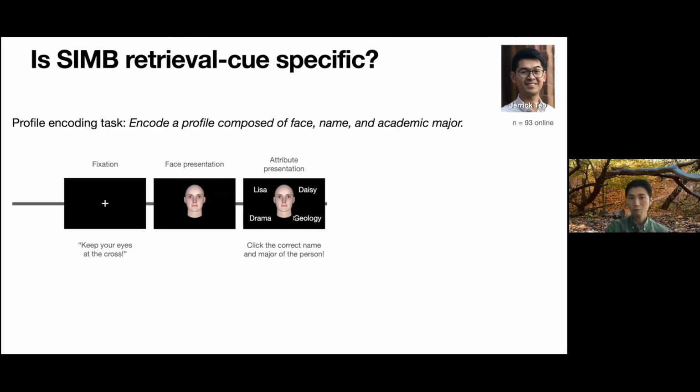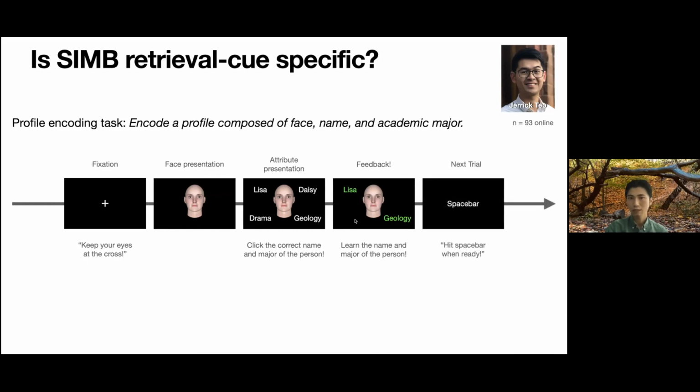And we ask participants to indicate which one is the correct name and which one is the correct major for this person. Participants learn this iteratively through trial and error by us presenting the feedback. By going through this trial and error learning, participants successfully encoded 8 profiles. Okay? So they learned a face in association with its name and its major.